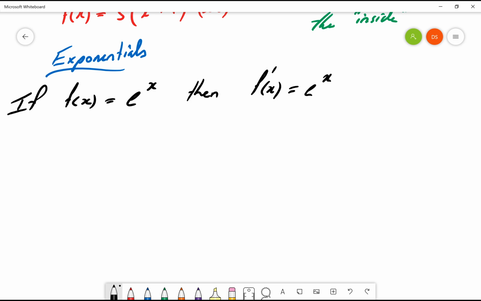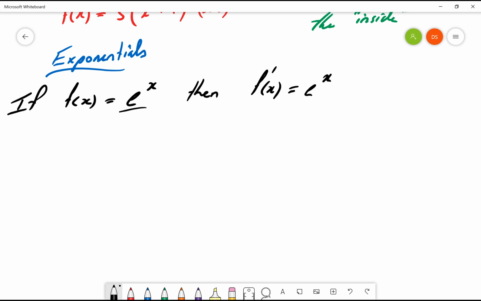An exponential function, the basic exponential function, the derivative is itself. And that is kind of wild. Its gradient function is itself. So if you have an exponential function, if you want to differentiate it, you write itself. Pretty simple. Pretty nice. And that's what's so special about the exponential function.